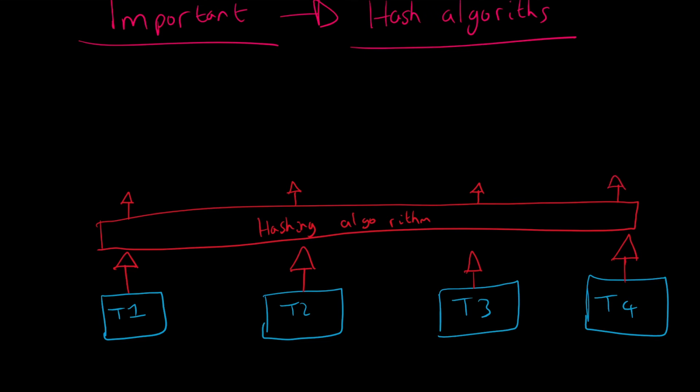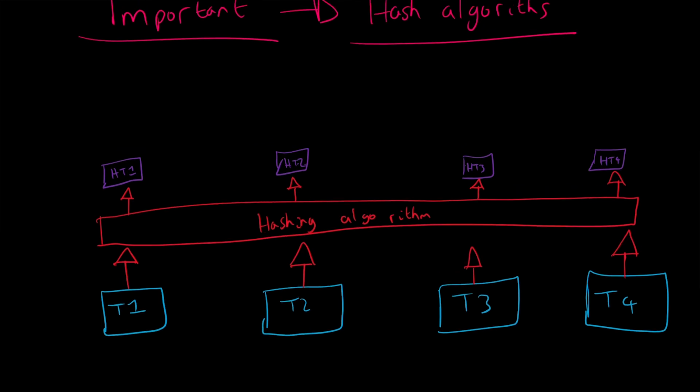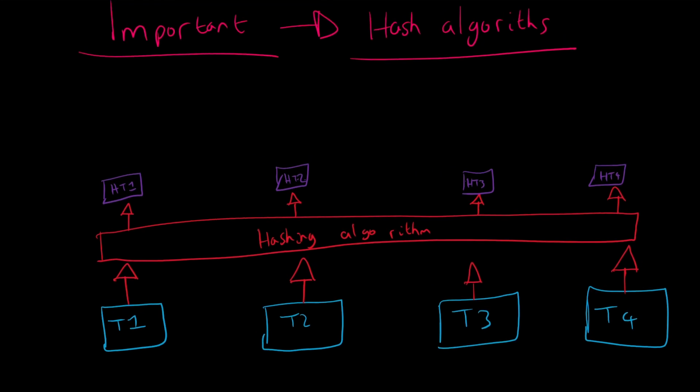The transaction hash, as we discussed in the hashing video, is different to the original transaction. A lot of the time it's a lot shorter than the original value, whatever file it is. So these are the hash values. I'm just going to call them HT1, HT2, HT3, HT4, and now these are combined into pairs.